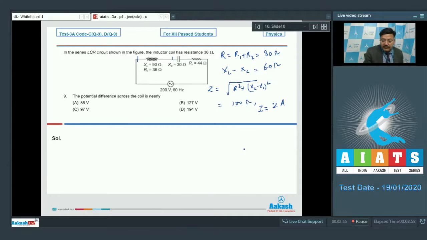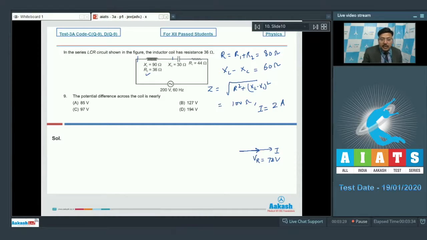So suppose this is the phasor for current I, then if I call potential difference across resistance R2 as VR, then VR will be in phase with current I, and its value is 36 into 2, that means 72 volt. I into R2, and that is 72 volt.